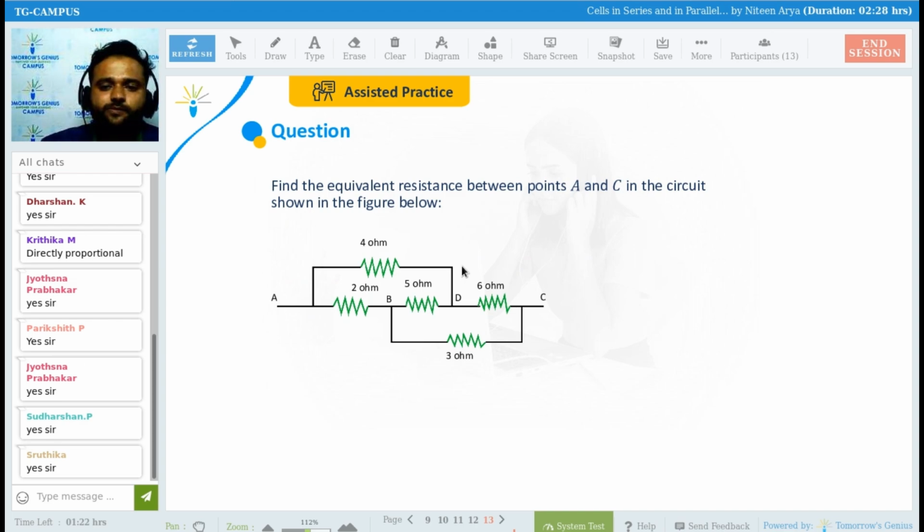Find the equivalent resistance between points A and C in the circuit in the figure below. The exact same thing I already told you, even with the same number. So it is a very easy question. Do that and tell me the answer.